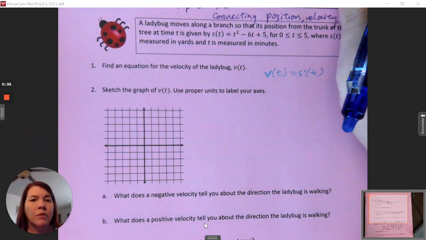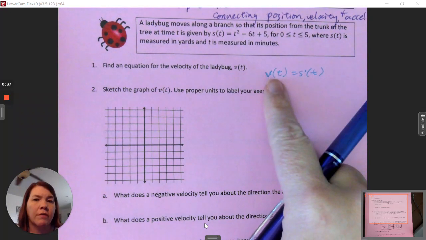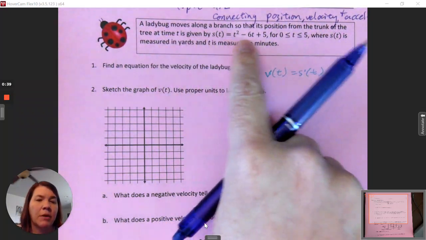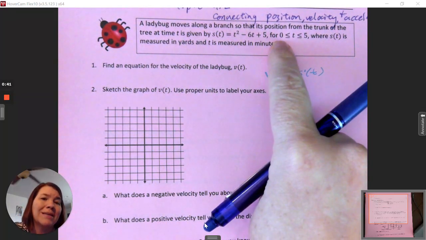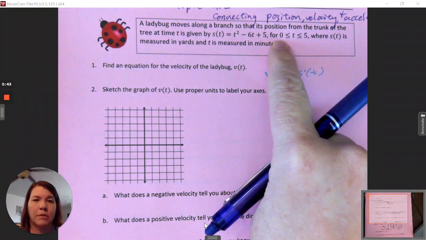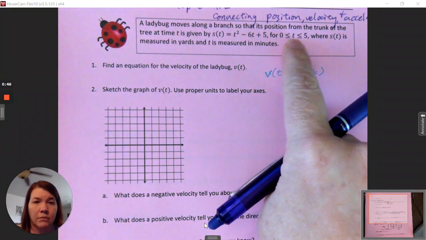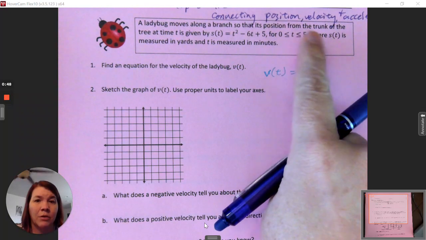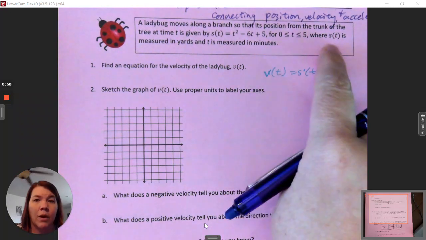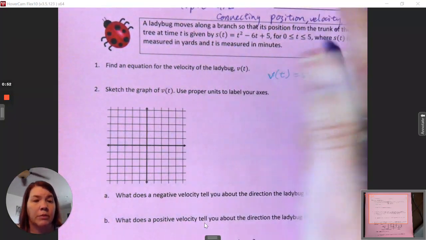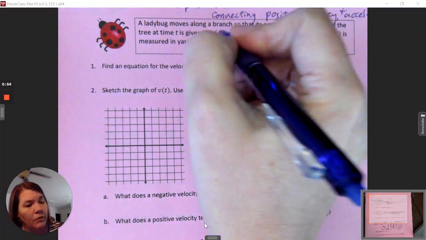So a ladybug moves along a branch so that its position from the trunk of the tree at time t is given by this equation, for times between 0 and 5 minutes, where S of t is measured in yards and t is measured in minutes. So important, of course, is the equation.